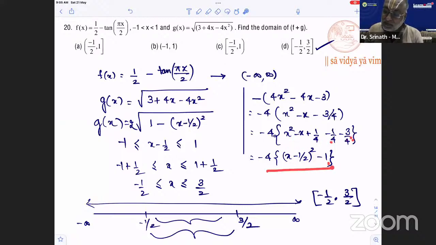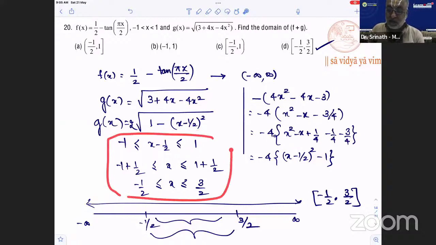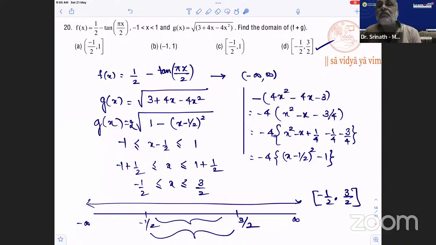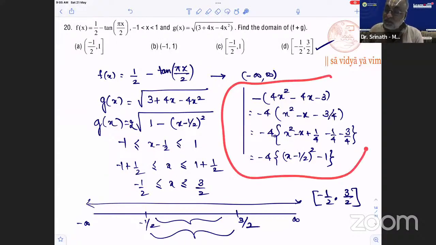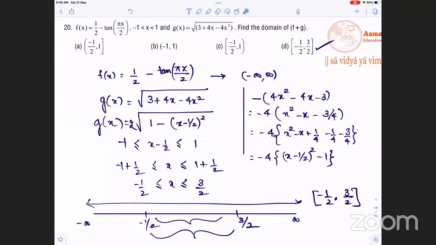This has again been written as 2 into root of 1 minus (x minus half) whole square. I think only this area you had a problem. I think it's clarified.